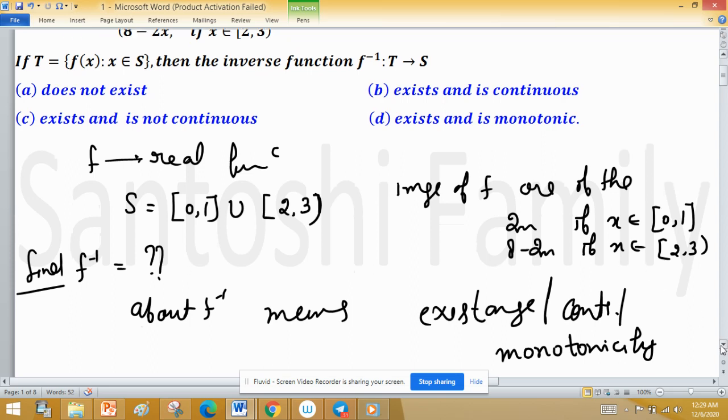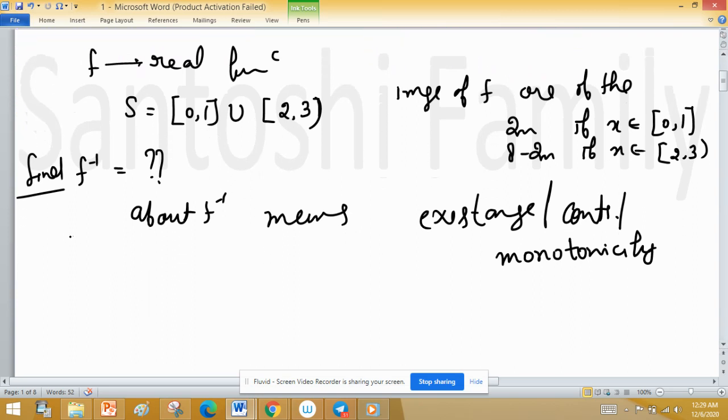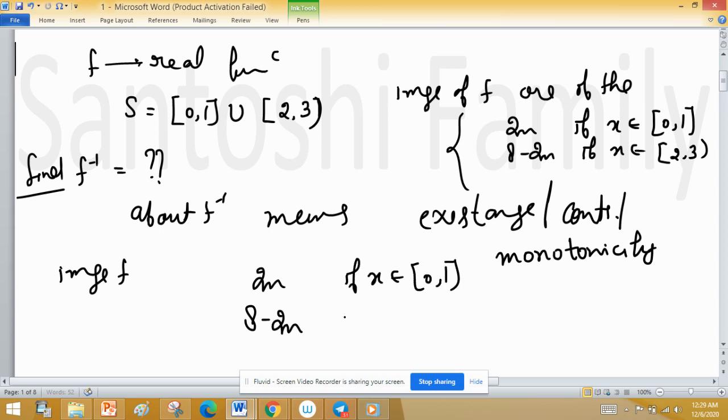First of all, we need to find out the image of f. f has two types of image, 2x type if x belongs to the closed interval 0 to 1, and 8 minus 2x type if x belongs to the semi-closed interval [2, 3).